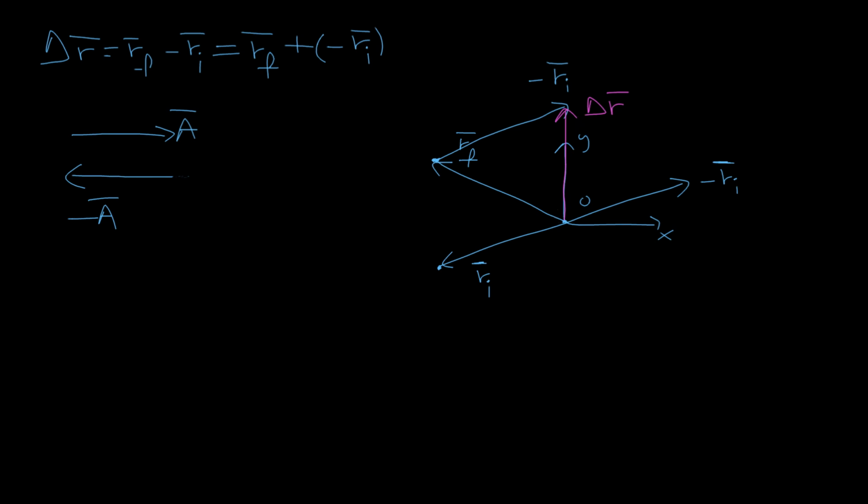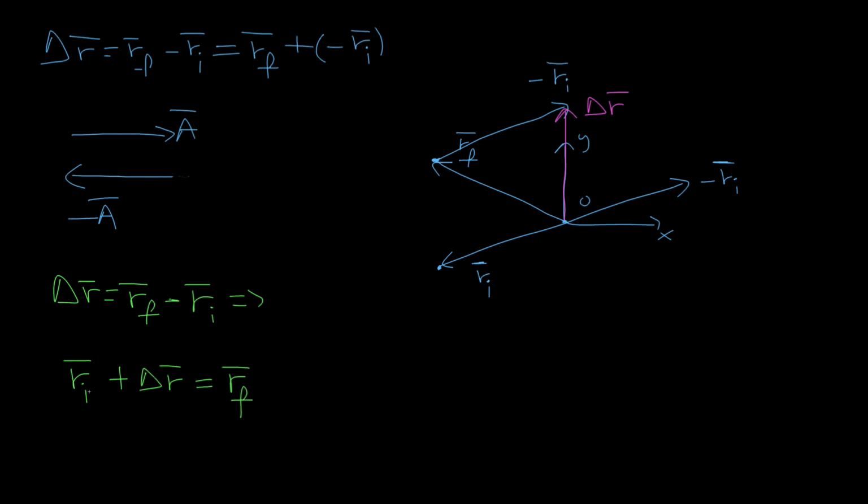Now I want to talk a little bit about the meaning of displacement. So I said before that displacement is R final minus R initial. Okay, but I can rewrite this expression in a slightly different way. I can say I have R initial plus the displacement. This will give me the final position vector. So what I did was move this term to the left-hand side.